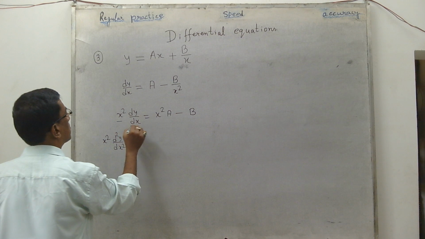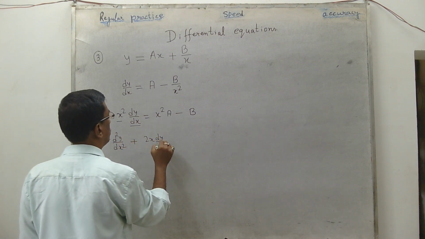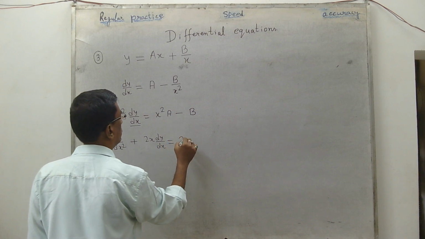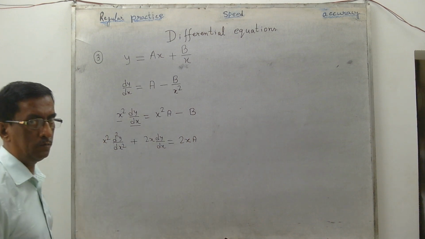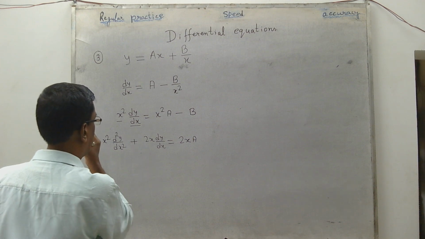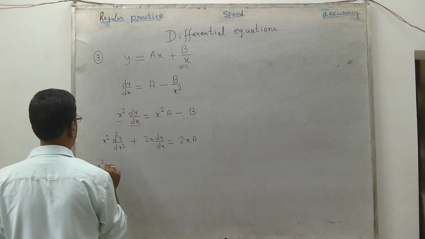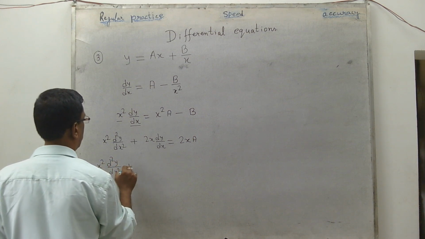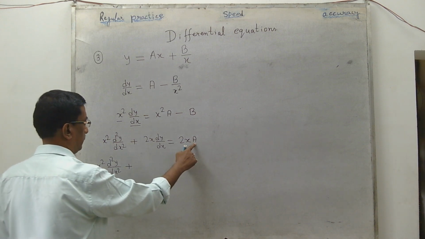This is u and this is v. d by dx of constant is 0. We have to eliminate this one, a.